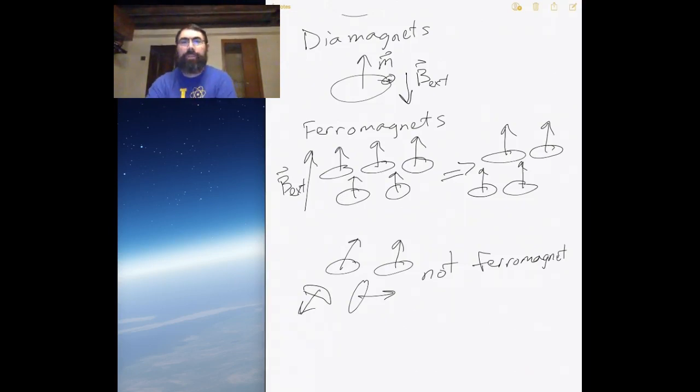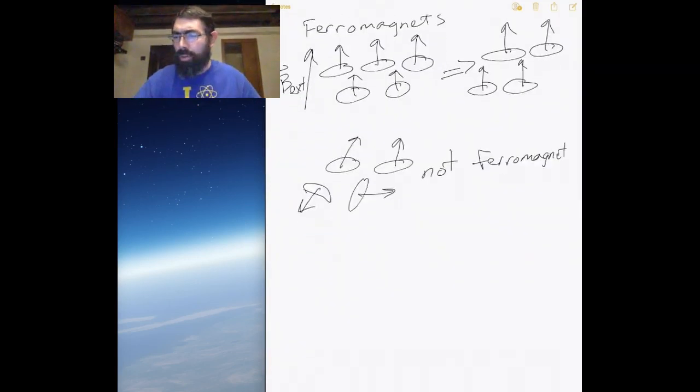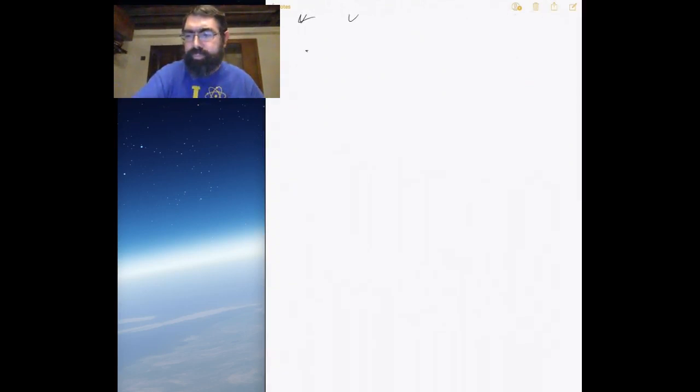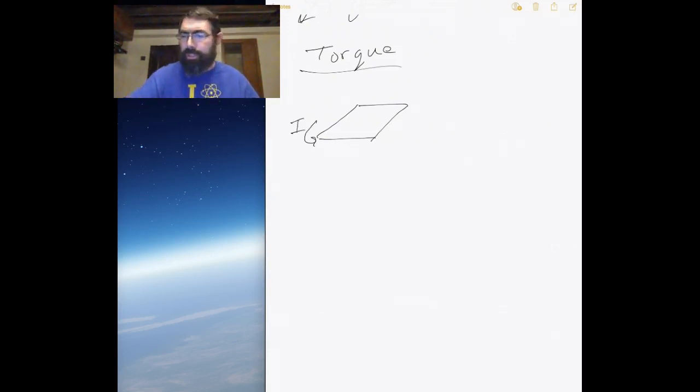Okay, so why don't we now try and calculate what the torque would be from an external magnetic field on a magnetic dipole. So in this case, I have my current loop, like this. Current is flowing in this direction.